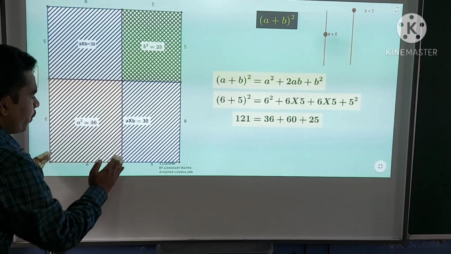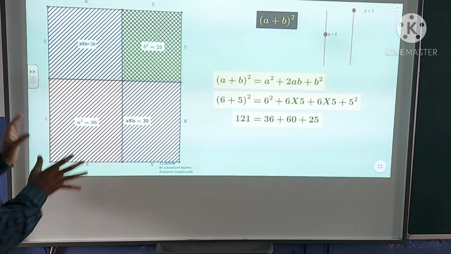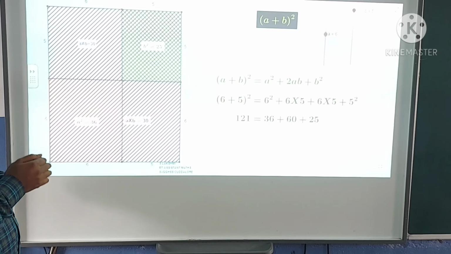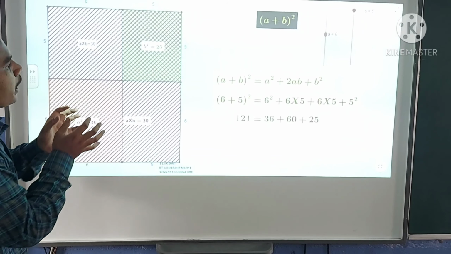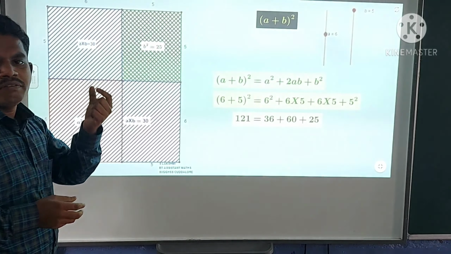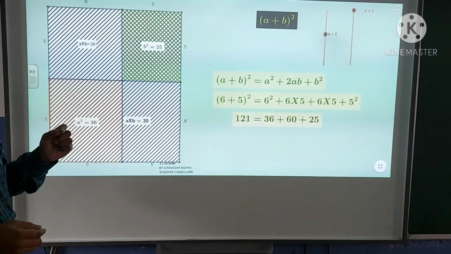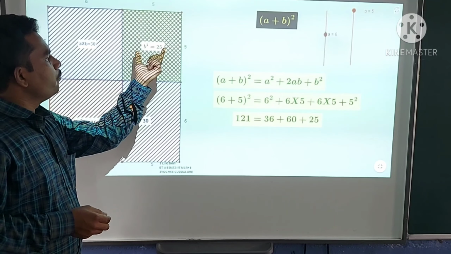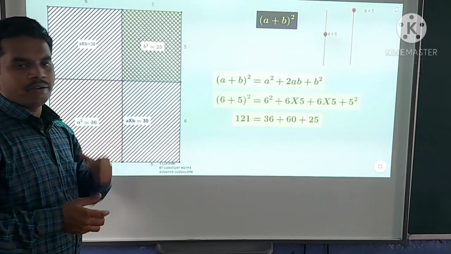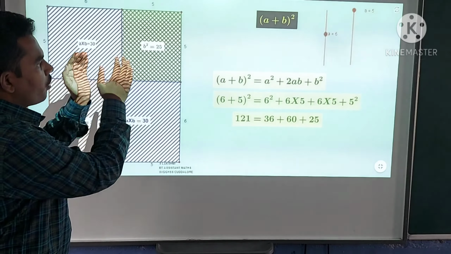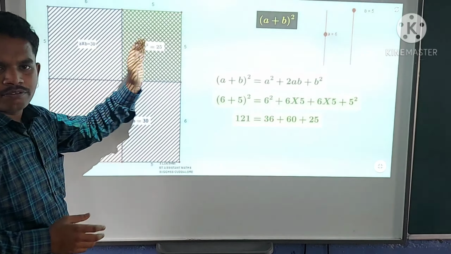So this square has the value 36. Next, b square means the b value is 5. I already told, b square is b into b. So b square equal to 25. So the value for this square is 25.